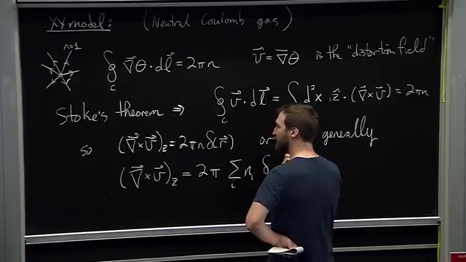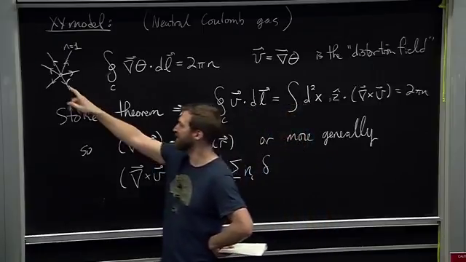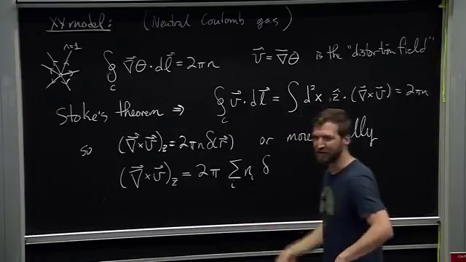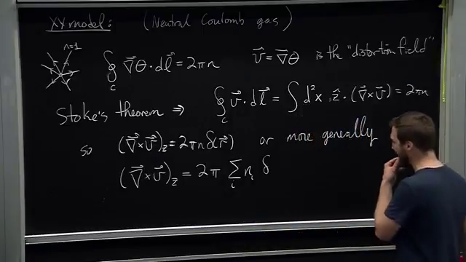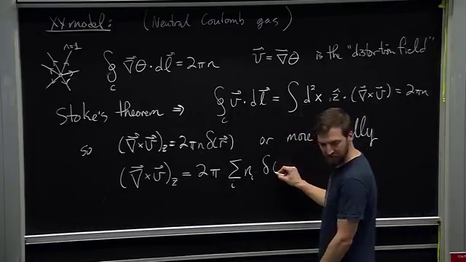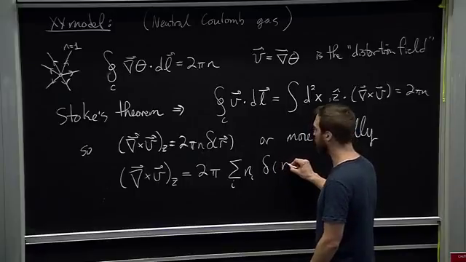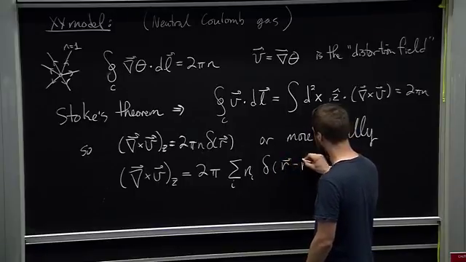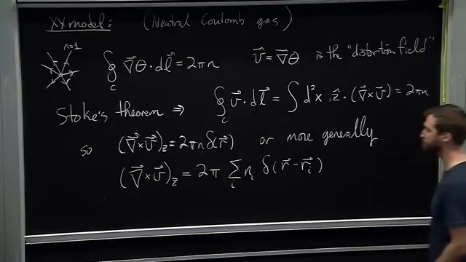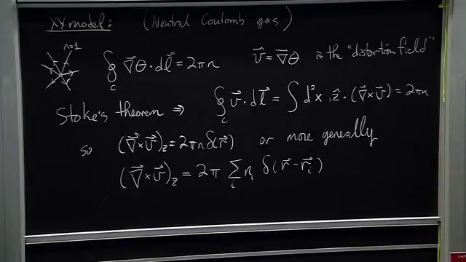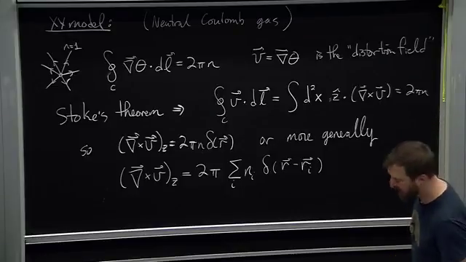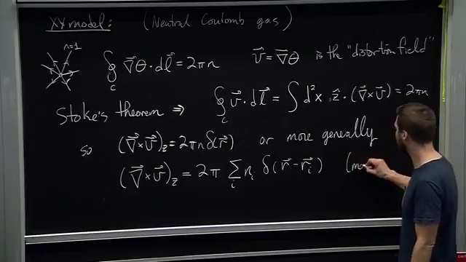But now I can't put my coordinate system's origin at every single vortex center, right? So I need a delta function that cares about, let's see, r minus r_i, say. Okay, so that's for many vortices.